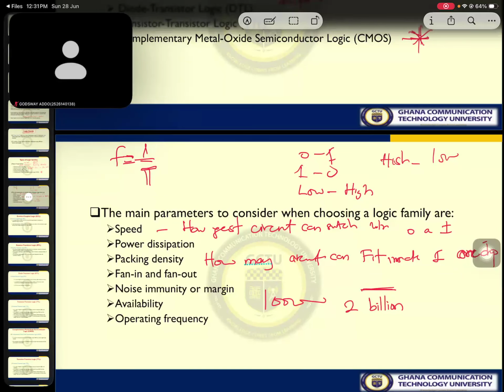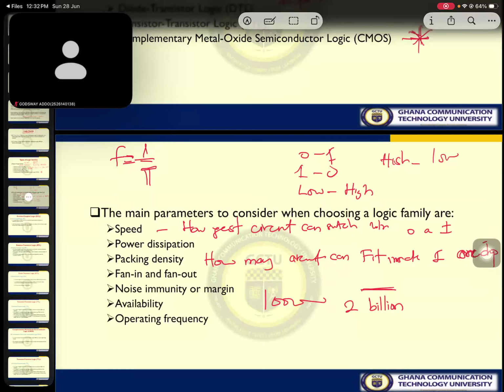So it means that the operating frequency is the rate at which the whole digital circuit can run reliably. And in terms of speed, the speed is how fast it can switch. Because if the circuit takes too long to change its output, the next cycle may arrive before the previous operation is completed.